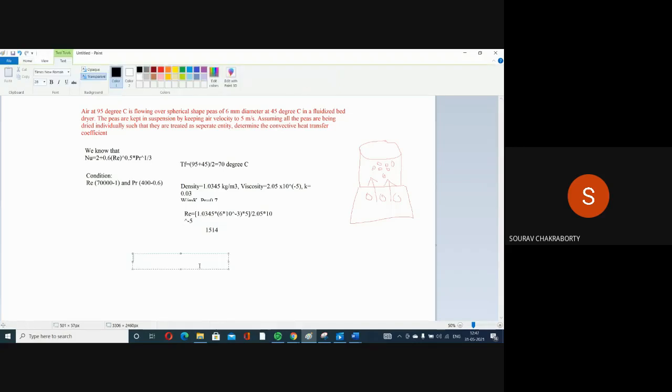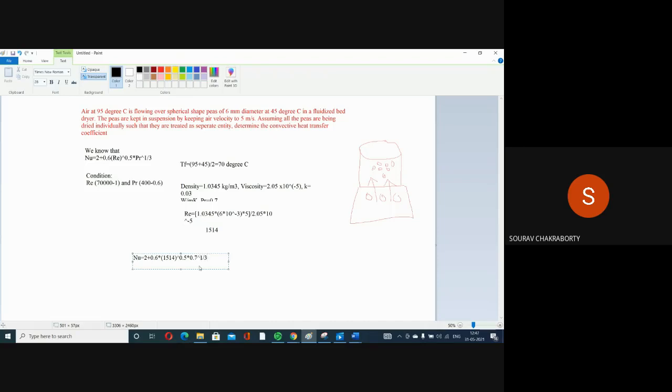So we'll write down the Nusselt number equal to 2 plus 0.6 into Reynolds number, which we have already decided, 1514, to the power 0.5, into Prandtl number, which we have decided is 0.7, to the power 1/3.